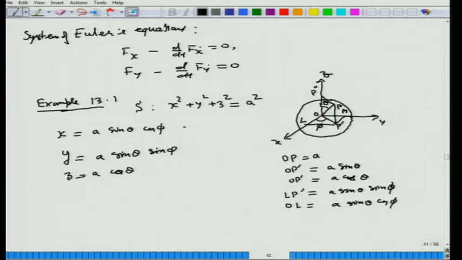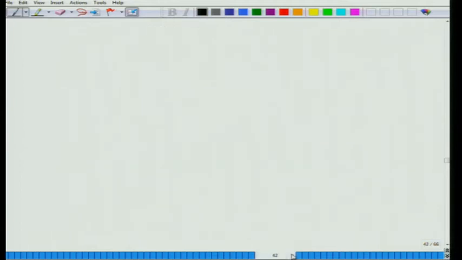So, that is the parametric representation here, and phi is ranging between 0 to 2 pi, and theta is ranging between minus pi by 2 to plus pi by 2. So, on this surface we now have a situation like this.